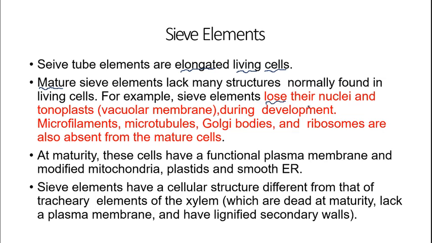They lack nuclei, tonoplast, microfilaments, microtubules, Golgi bodies and ribosomes. All of these organelles are absent in the mature sieve element. But these cells have a functional plasma membrane, and mitochondria, plastids and smooth ER are also present. So please remember what is absent and what is present.